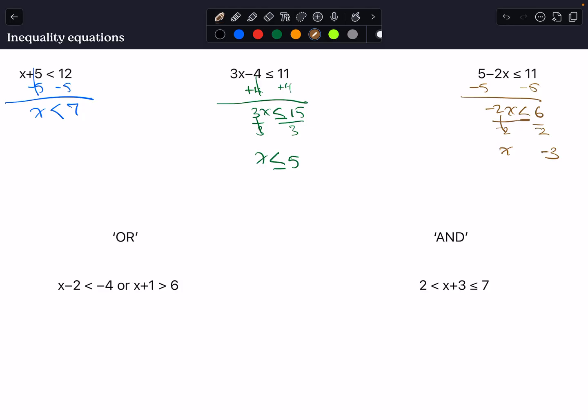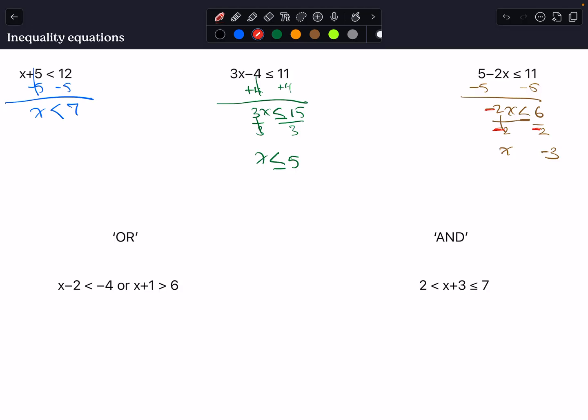How does it flip? Here, originally, it's less than or equal to, but because it's this negative 2 that was being divided on both sides, it now causes the inequality to flip. And instead of it being one way, it flips the other way.